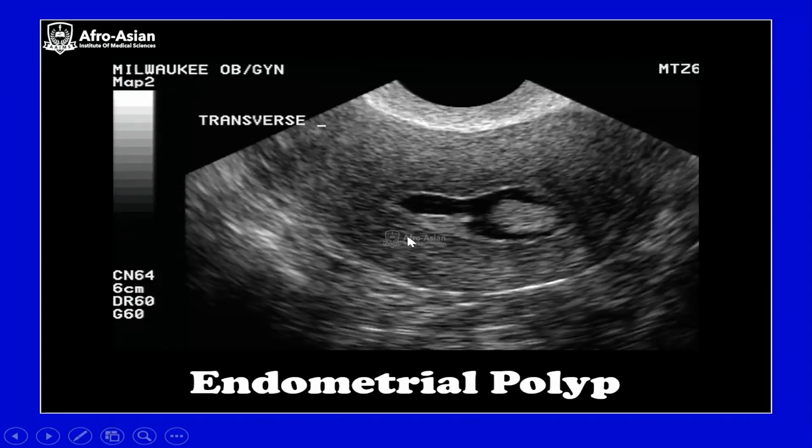A pedunculated fibroid will not have a thin single vessel stalk or peduncle, will have a thick peduncle which will be attaching the fibroid with the endometrial wall. It will be having a thicker area as compared to the stalk of the polyp.